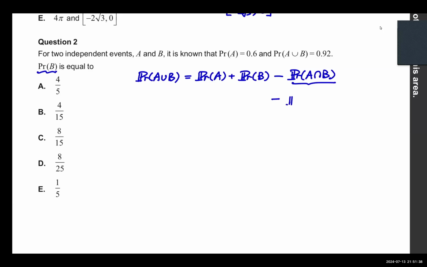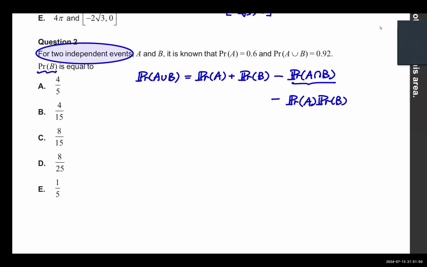Now, for two independent events, A and B, it is known that probability A is 0.6 and probability A union B is 0.92. So we would like to find probability B. If I quote this formula, probability of A union B equals probability of A plus probability of B, subtracting probability of A intersect B. Just notice that this is also probability of A times probability of B, because of the phrase independent events.